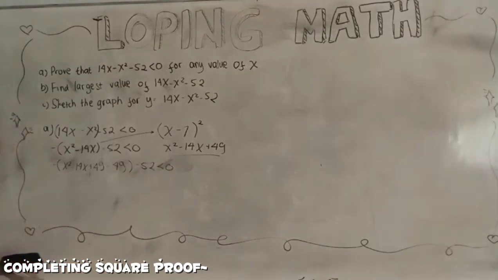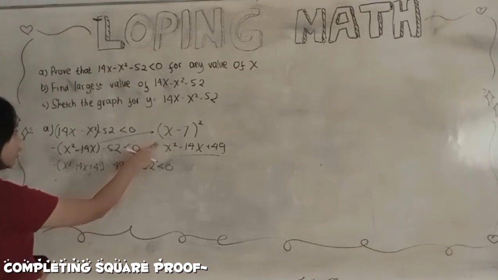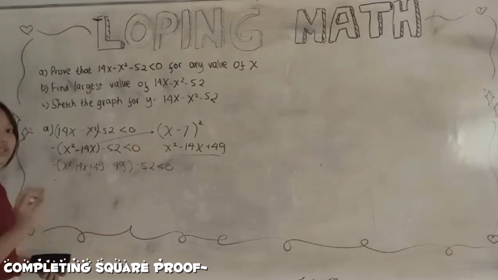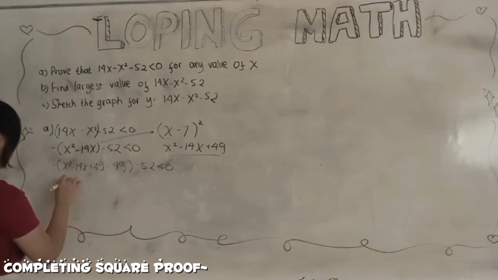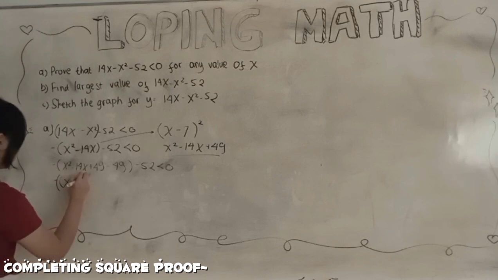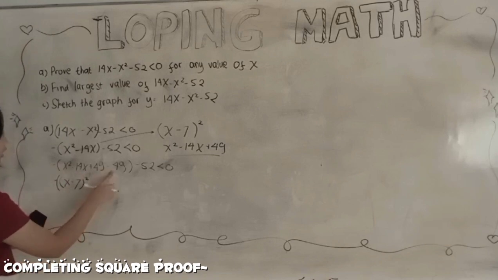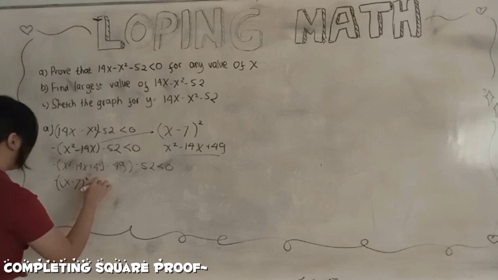Okay, and then we put this back into the perfect square form. So it will be x minus 7 squared here. And then don't forget the minus 49.